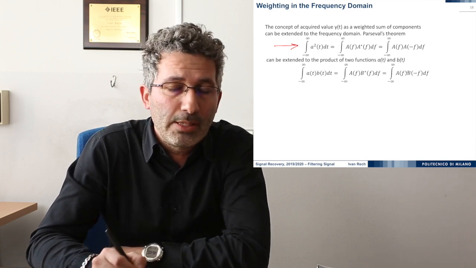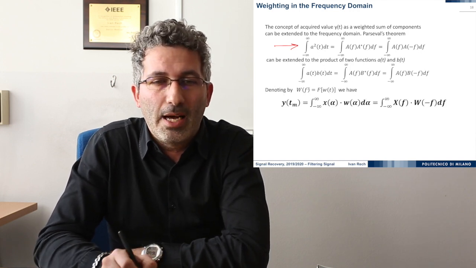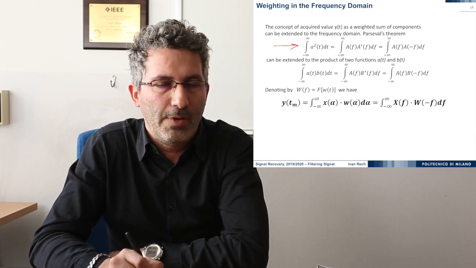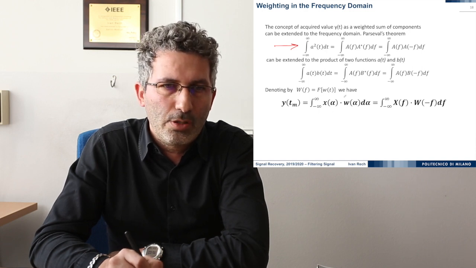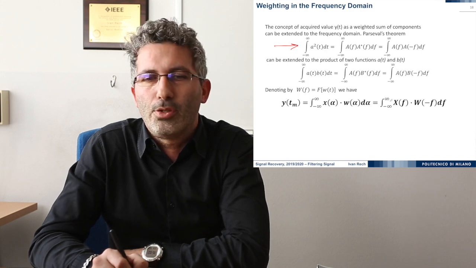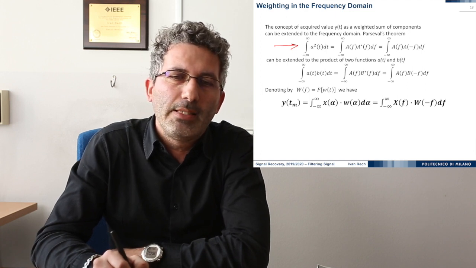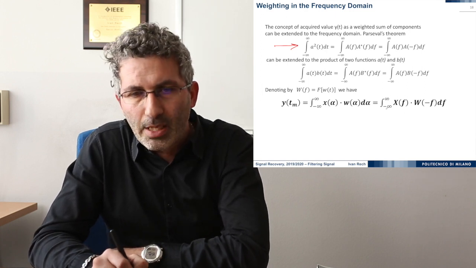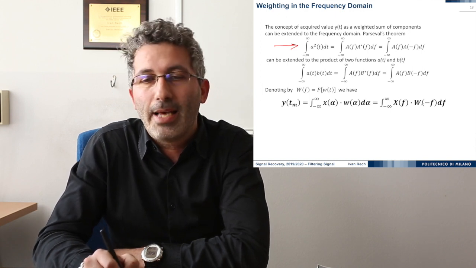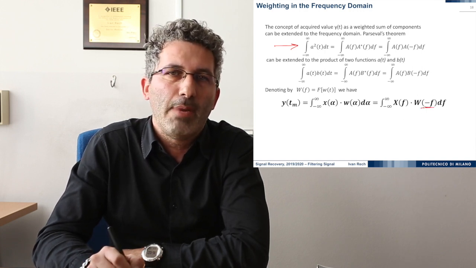So why is this important in our case? Because we have something that is similar. If we write the output in the time domain, we know that it is the integral from minus infinity to plus infinity of the first function, the input x, times the weighting function. Using the extension of the Parseval theorem, we can write that it is the integral from minus infinity to plus infinity of the Fourier transform of the input times the Fourier transform of the weighting function calculated at minus f.